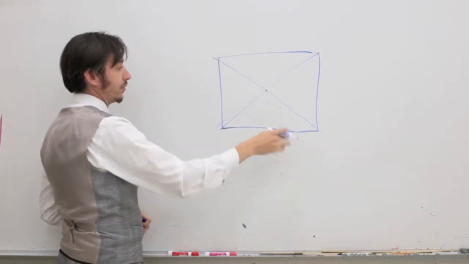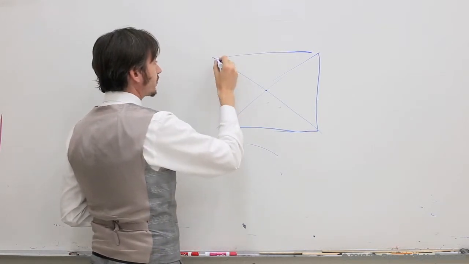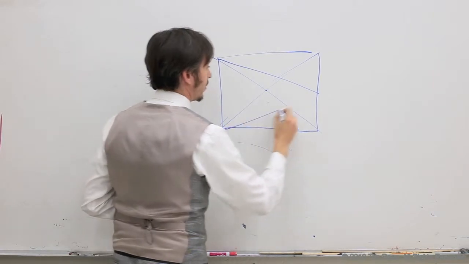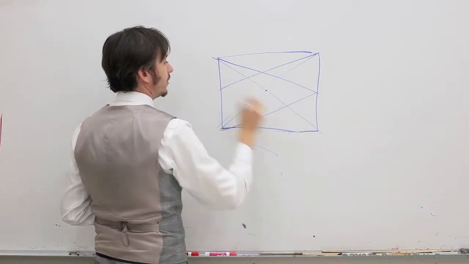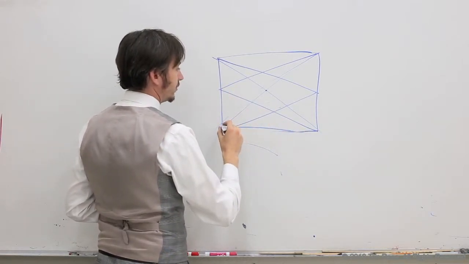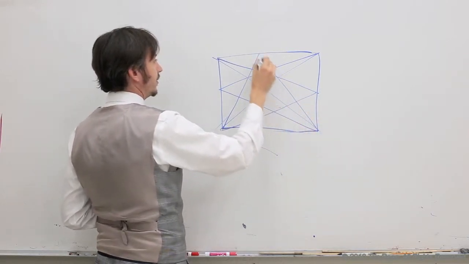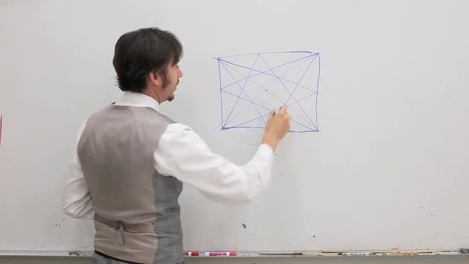Then, from the corners, we're going to do the corner to midpoints. So we have one there, corner to midpoint, corner to midpoint, and so on around the rectangle.